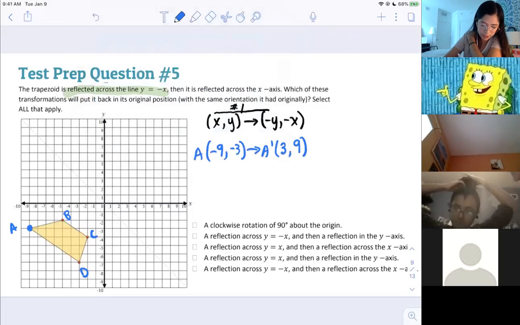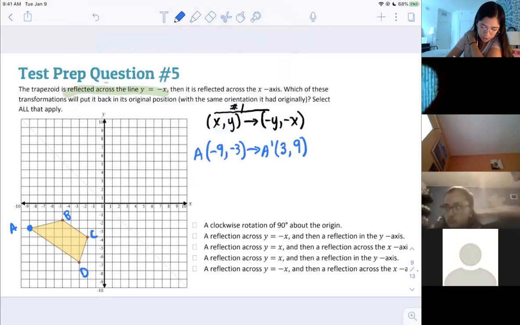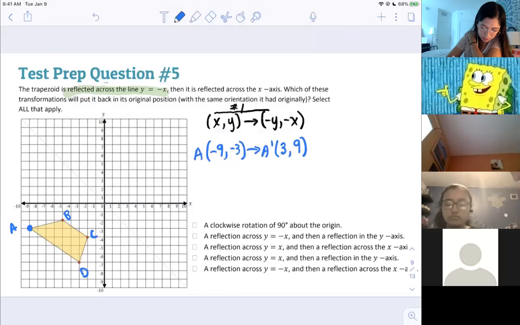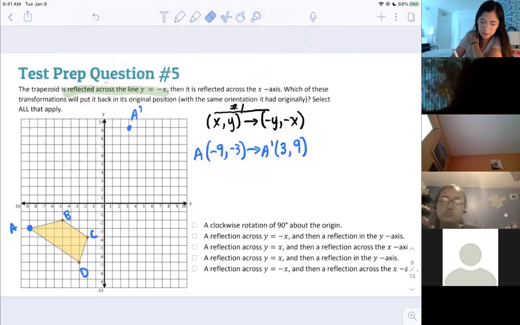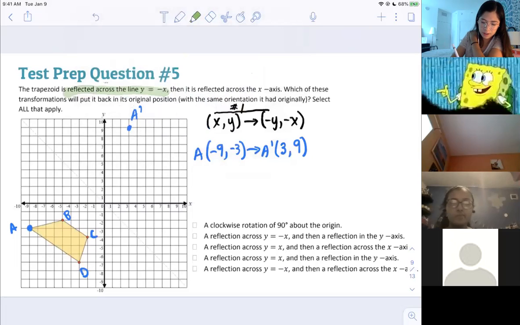Perfect. All right. So 3, comma 9. Here's A prime. Okay. Next up, I have to do a reflection across the x-axis.